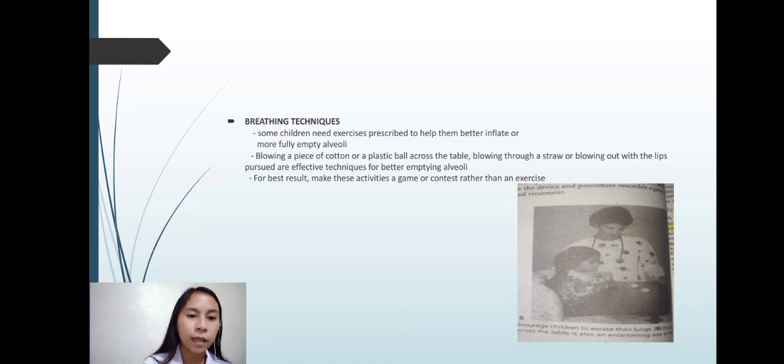So, for the best result, make this activity a game or contest rather than an exercise.